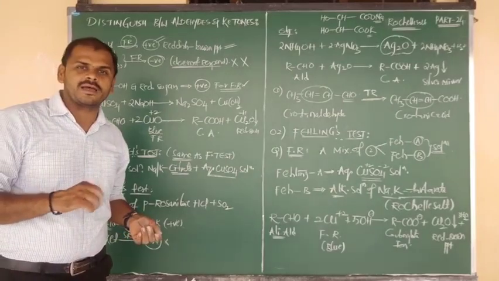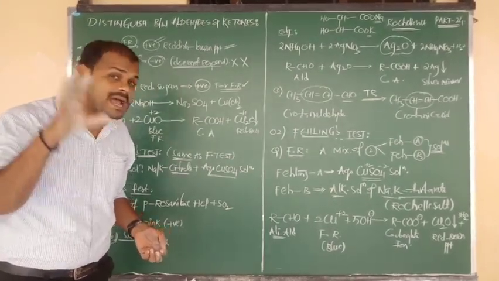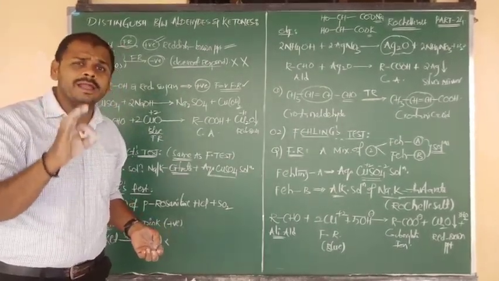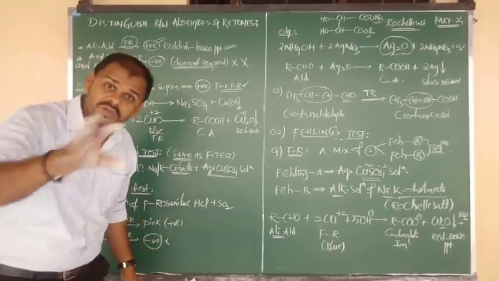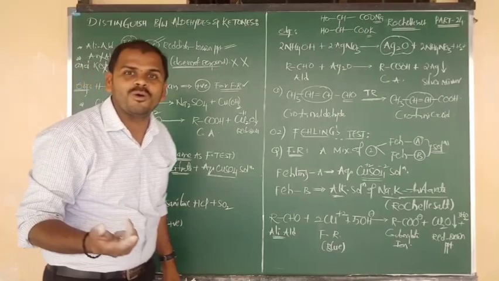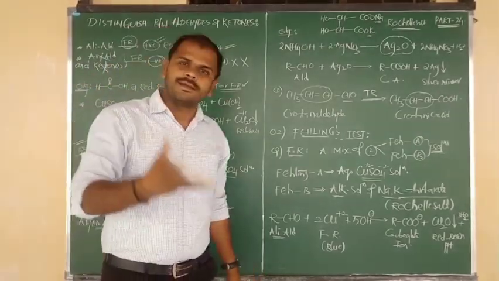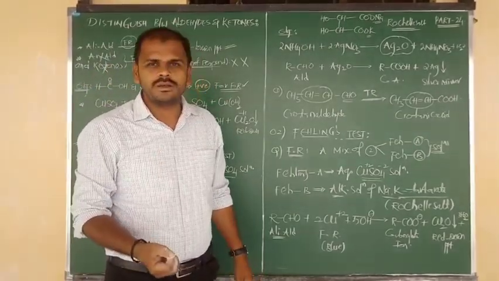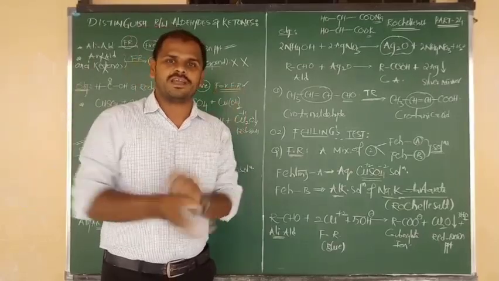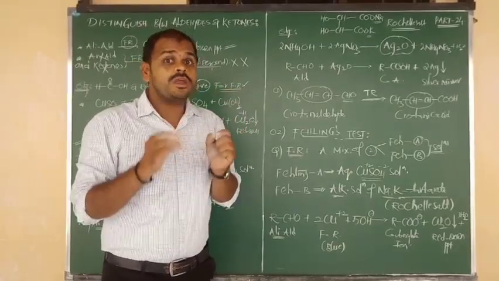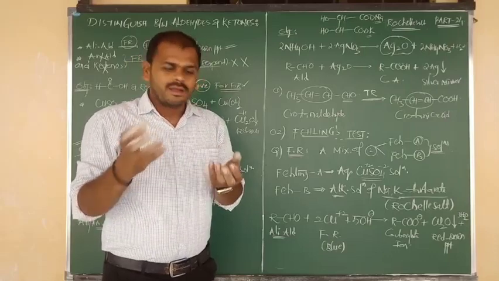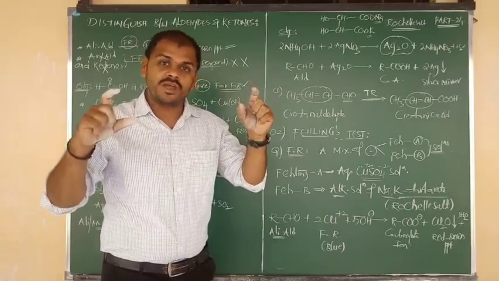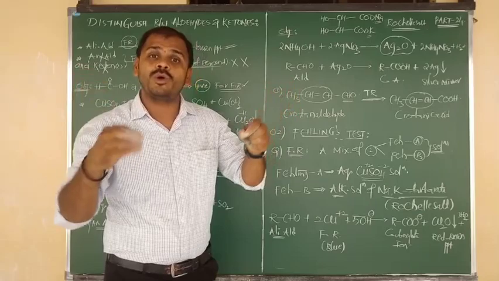And one more is there, the sodium nitroprusside test. Sodium nitroprusside is positive for aldehyde and also positive for ketones. How? From aldehydes you will get the red color, and from ketones the red color changes into orange color. Once again, the sodium nitroprusside test. Aldehydes and ketones can react with sodium nitroprusside, followed by which we have to add alkali.